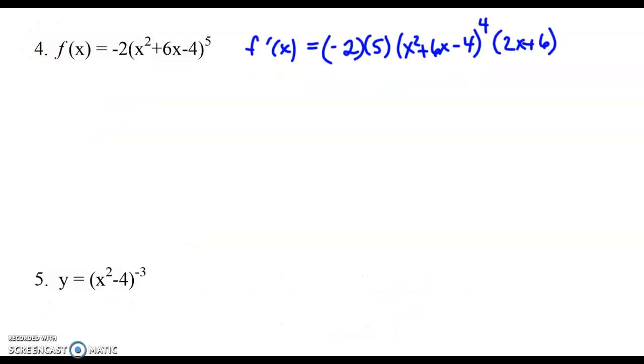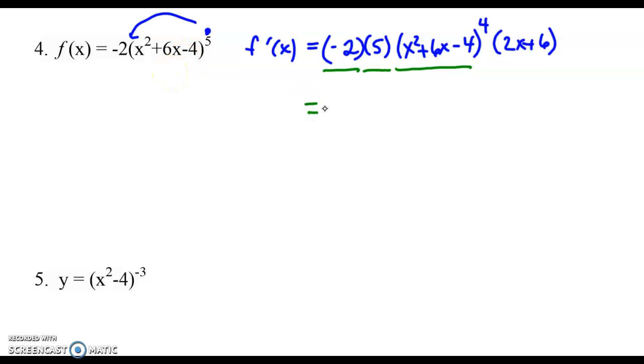Number 4, we can see the chain rule being used here. So first of all, we look at this exponent, and we bring that exponent down in front. You can see that's going on right here. This is the coefficient, -2, times the exponent, multiplied by the original function, or factor f in the brackets there, all to the exponent 5 minus 1, multiplied by the derivative of the inside of the brackets.